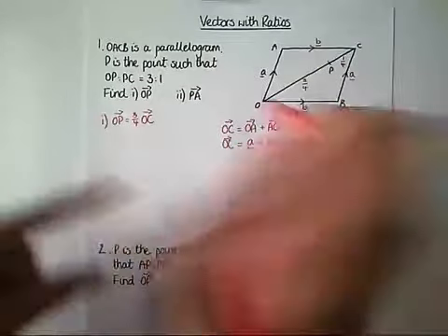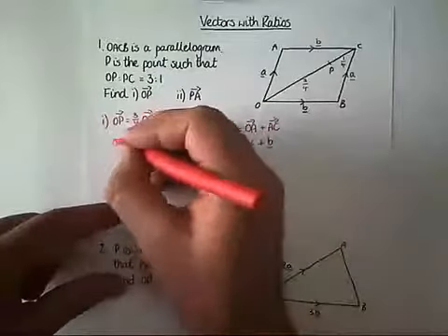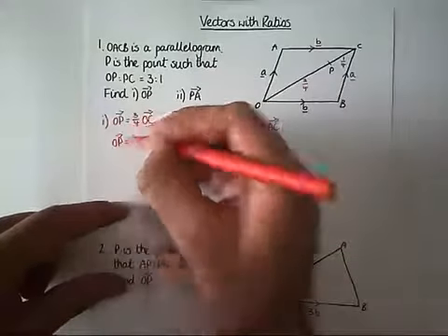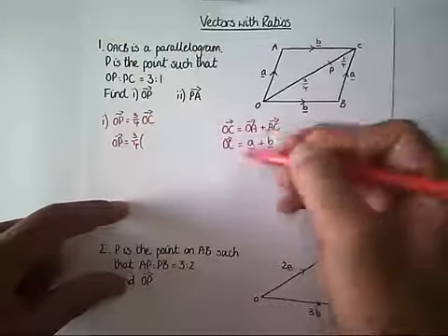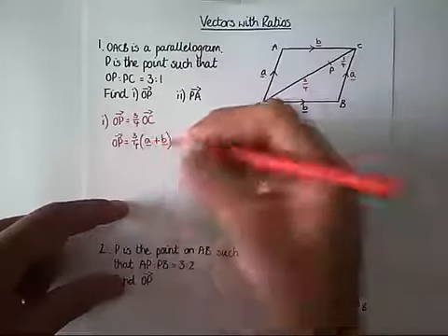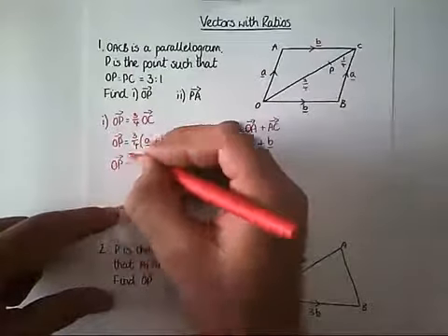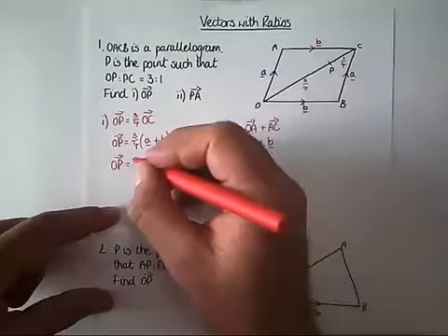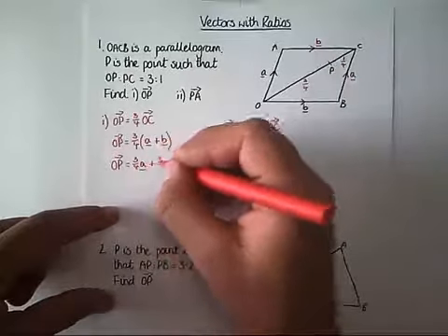Pop that back into what we've got over here, and that means that OP is 3/4 of OC, which is 3/4 of (a plus b). Now we can leave our answer like that, or we could expand the bracket if we wanted to get 3/4 a plus 3/4 b.